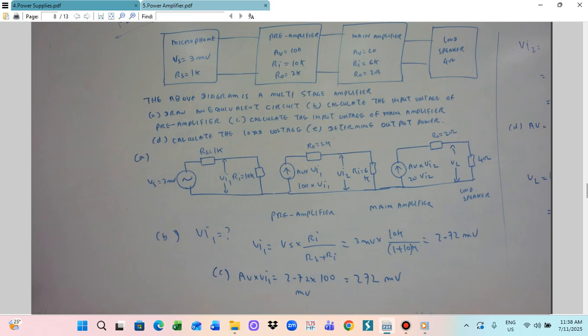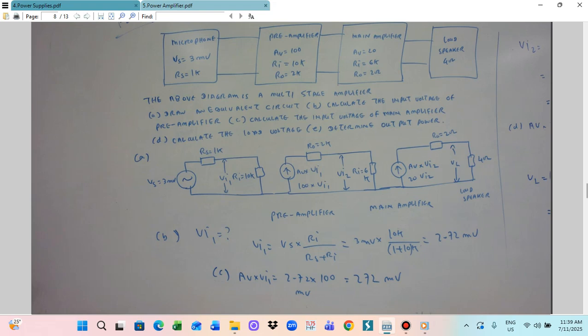VS is 3 millivolt, RI is 10 kilo ohm, divided by RS plus RI, which is 1 plus 10 kilo ohm. By solving this, we get 2.72 millivolt. So VI1 is calculated. This is the answer for B.